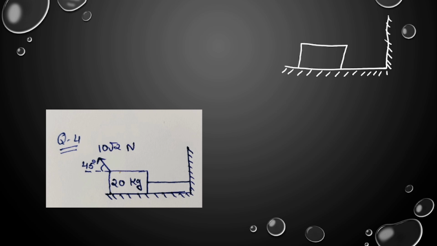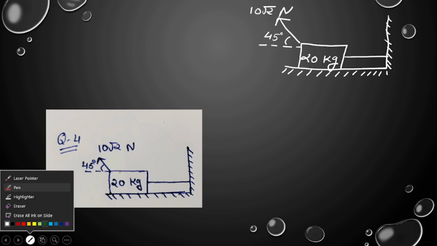A 20 kg block, string, wall, and the force is acting in this direction. The magnitude of force is 10 root 2 Newton, and the angle is 45 degrees. So first of all, let us resolve the force.